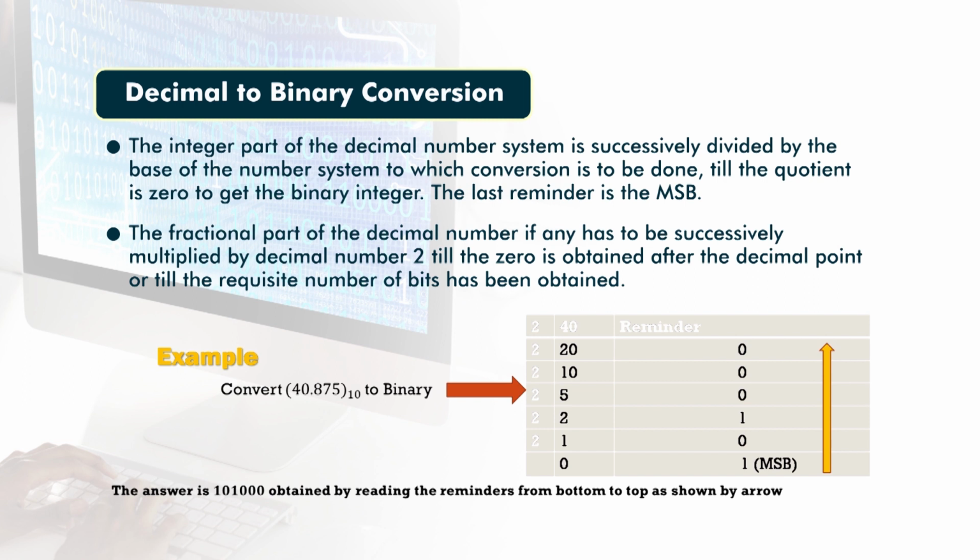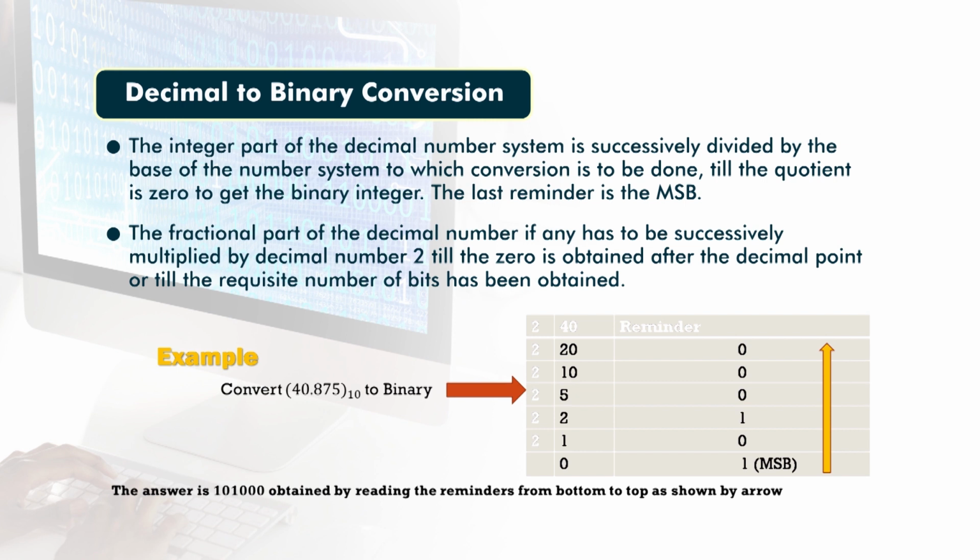Again I divide it by 2, 2 2s are 4, the remainder is 1. And again I divide by 2, 2 1s are 2 and the remainder is 0. So if we start with the most significant bit, my binary number of the integer part of the decimal number, that is 40, is 101000.